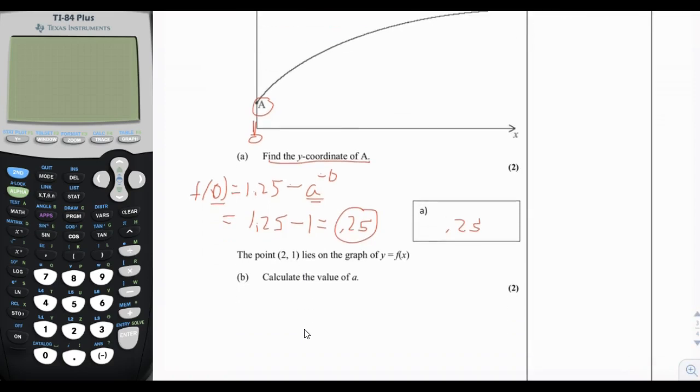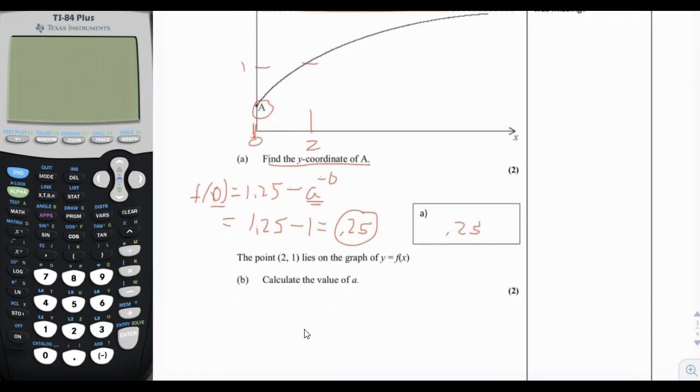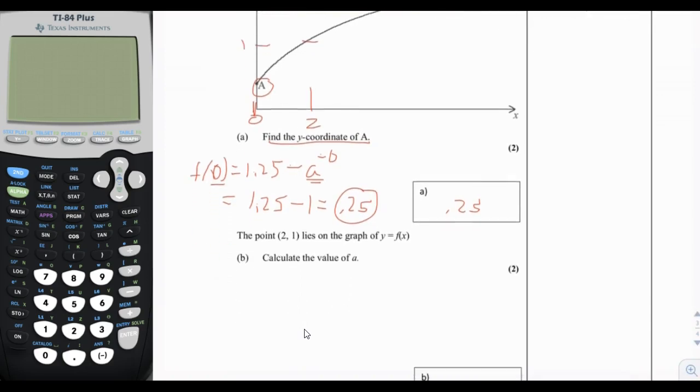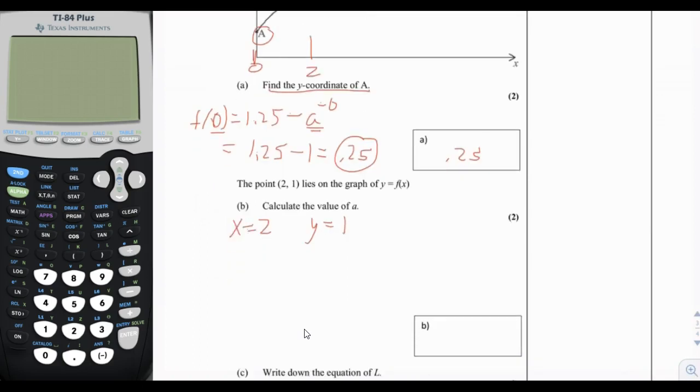Next question. The point (2, 1) lies on the graph y equals f of x. Let's see, (2, 1), let's say it's about here. Calculate the value of a now. Okay, since they gave us one pair of points which correspond to each other, x equals 2, y equals 1, we can plug that into the function y equals 1.25 minus a to the negative x.